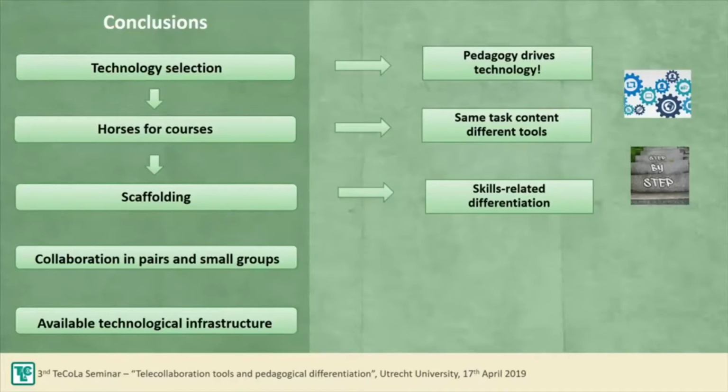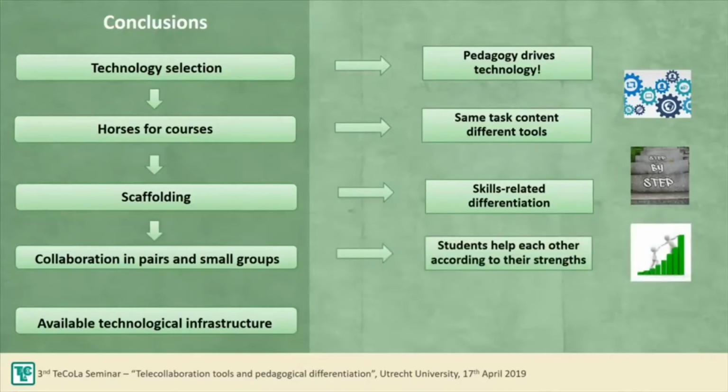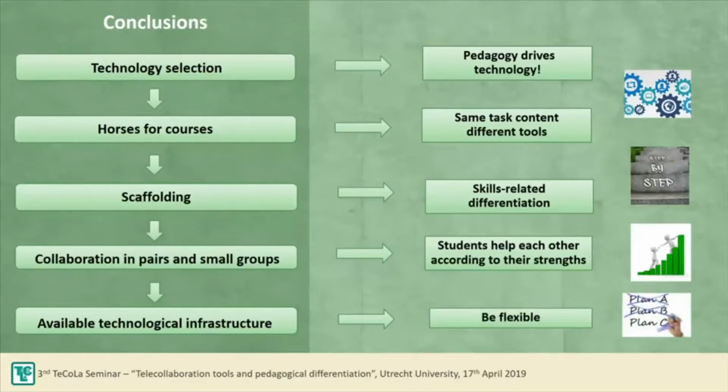Students can work in pairs or groups, and this enables them to help each other according to their strengths, and we should encourage them to help each other according to their strengths. The available technology, well, we said a few words on this. Be flexible. Don't be too ambitious. Start slow and be successful with your plan B.